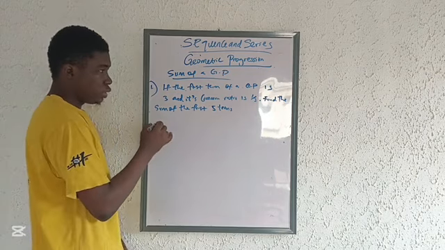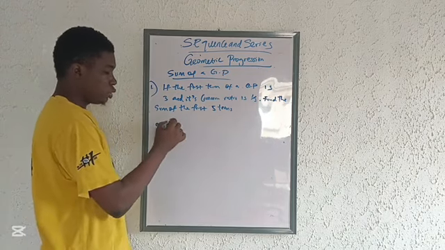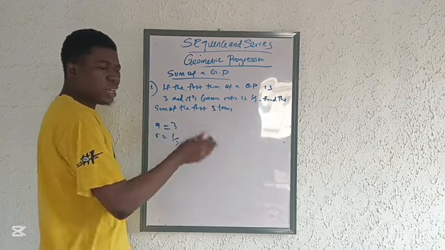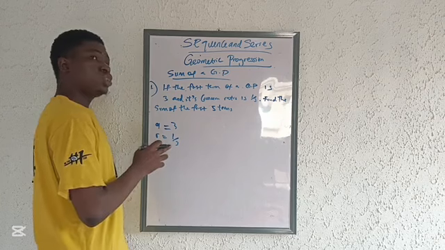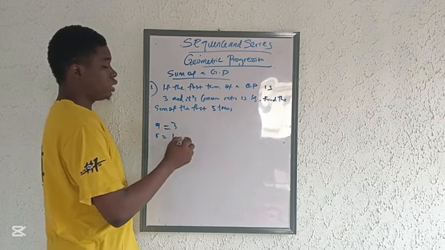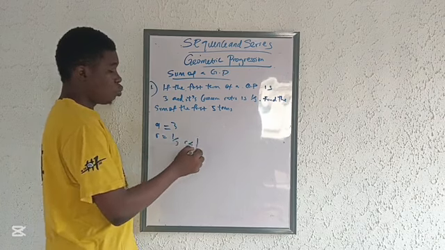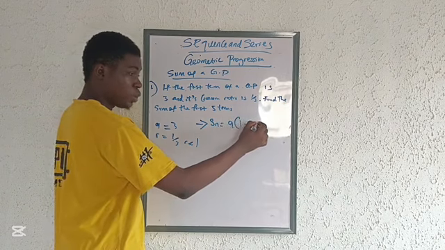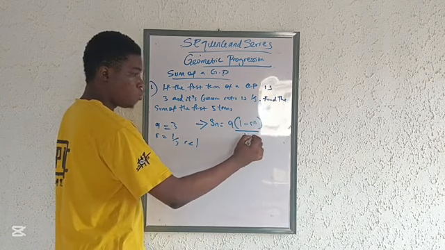Let's solve it. First term is 3. Common ratio is 1 over 3. Looking at this, it is a proper fraction, meaning r is less than 1. For r less than 1, if you recall, the formula is Sn equals a (1 minus r to the power n) over (1 minus r).